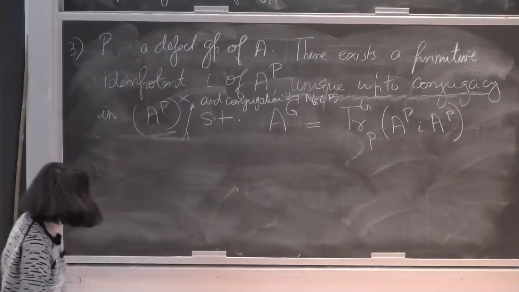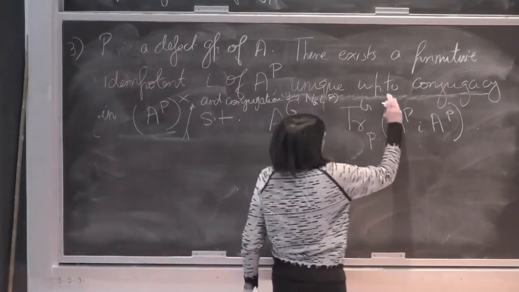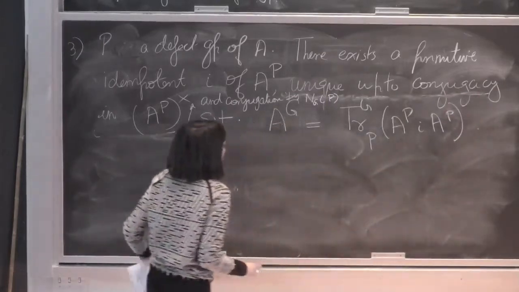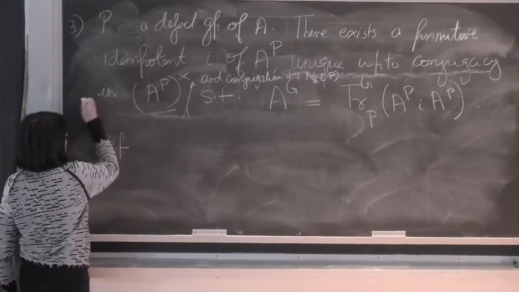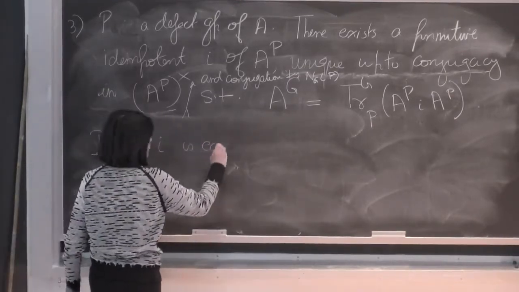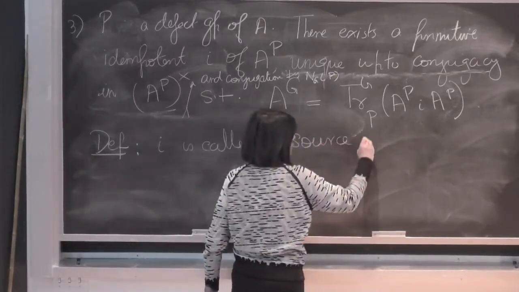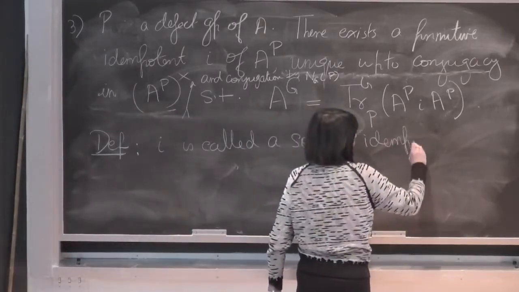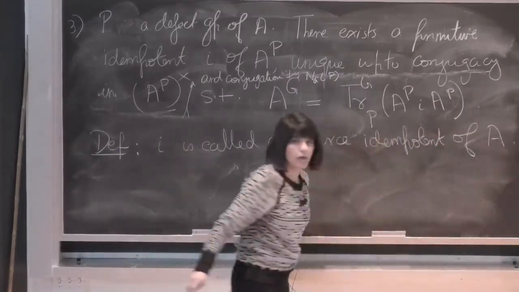Sorry, yes, of course, that's very important. And this idempotent I, as above, is called a source idempotent of A.